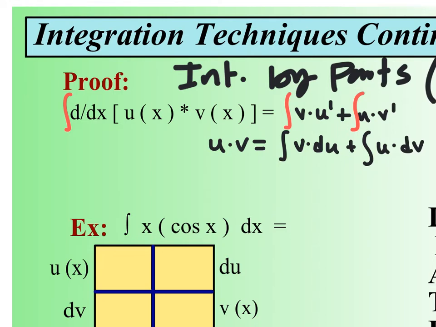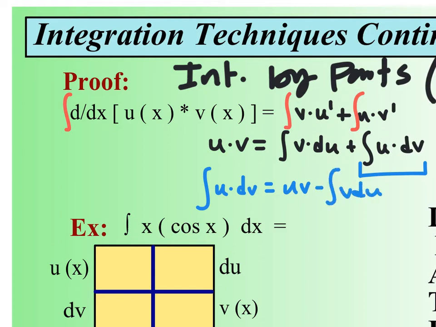Okay, so what I want is to isolate this, and there's a reason for that. So I'm going to isolate it all by itself. The integral of u dv is equal to uv minus the integral of v du.